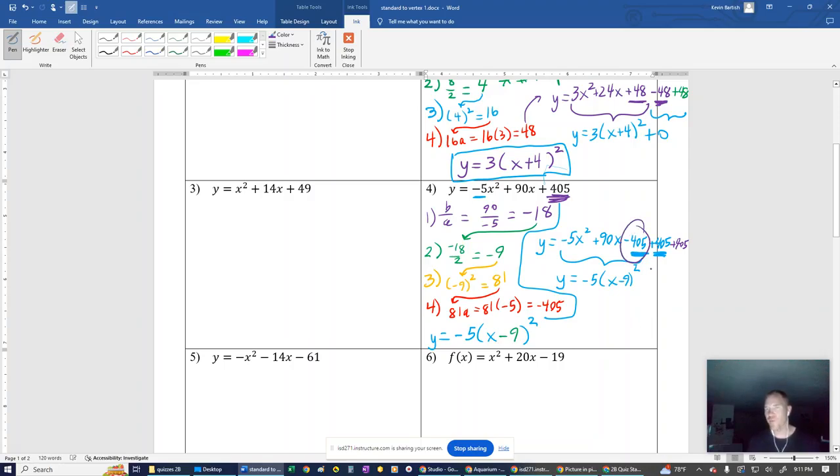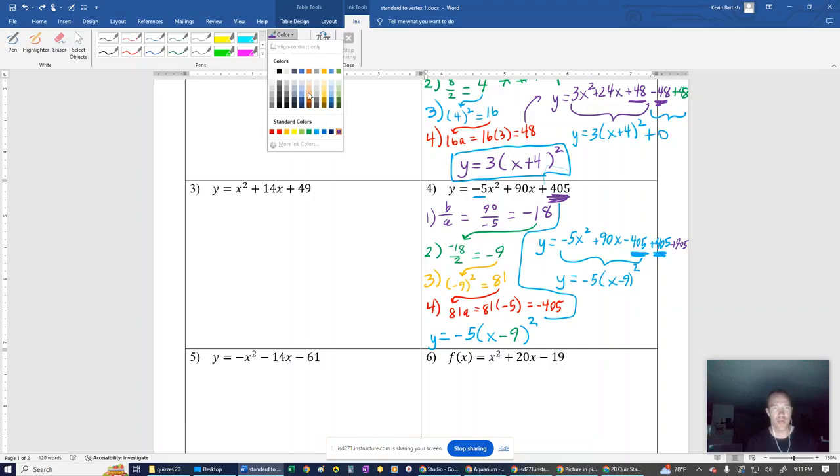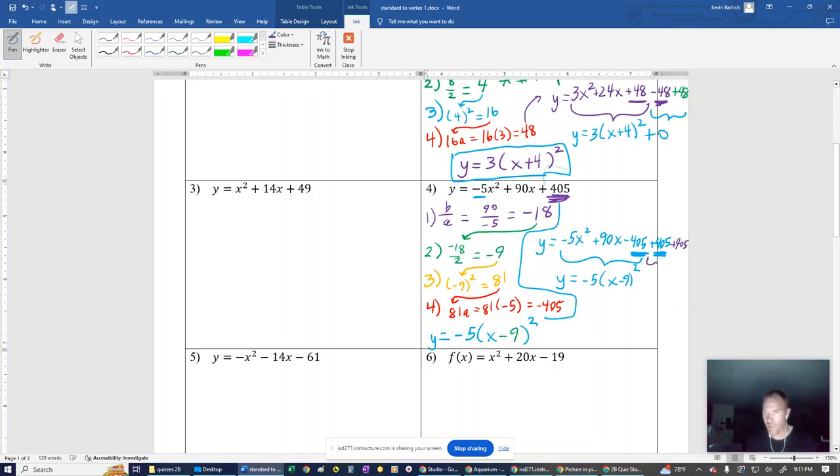The minus 405 gets sucked into the parentheses. The plus 405 that I used to compensate combines with the other plus 405, which makes 810. Doesn't look great, but that's 810. So that plus 810 gets put on my answer.